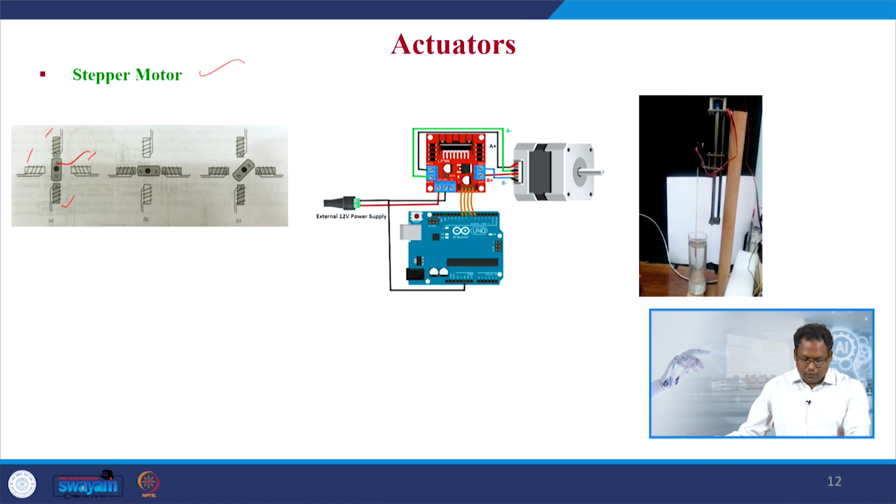And see, this is a combination, which is the first combination, and this one is the second combination. When the first combination is excited, the rotor is aligning itself to the excited stator windings.